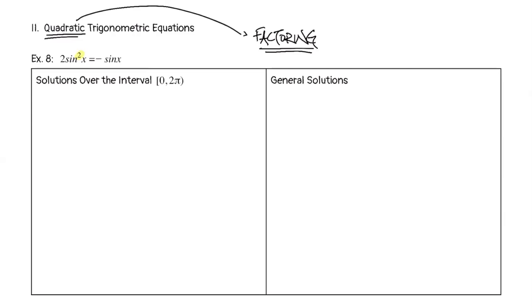So if I see the squared, automatically I'm thinking, take everything, move it to one side, set it equal to 0, okay? Please, please, please do this, okay? 2 sine squared x plus sine x equals 0.